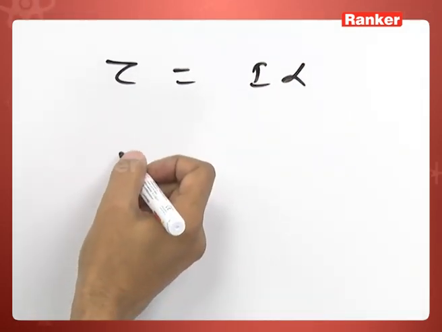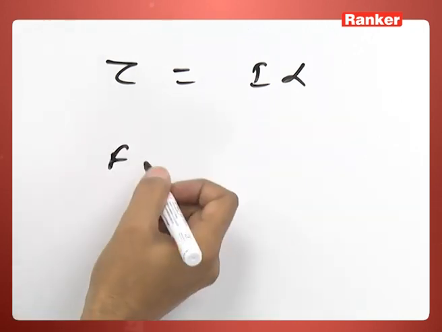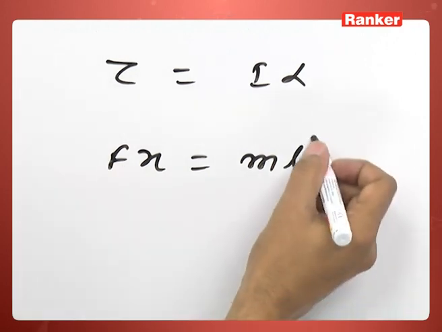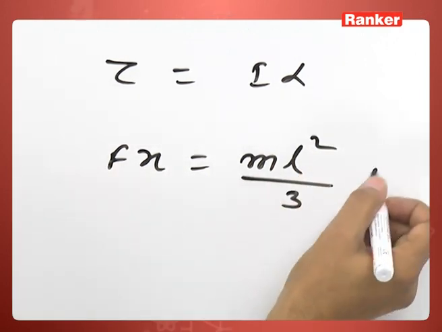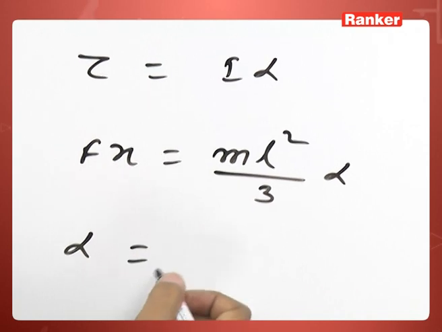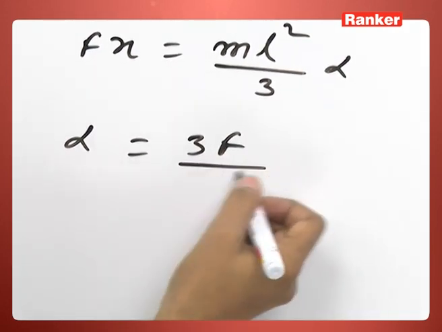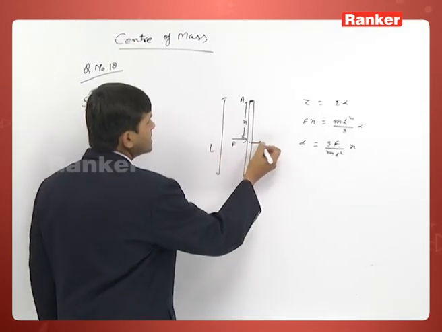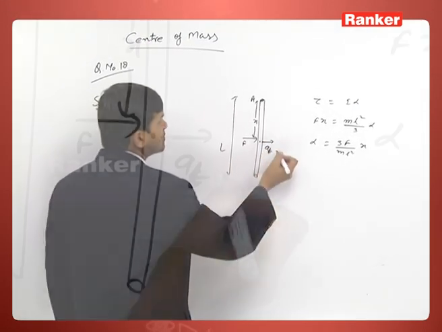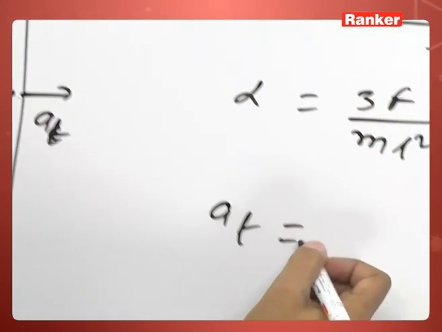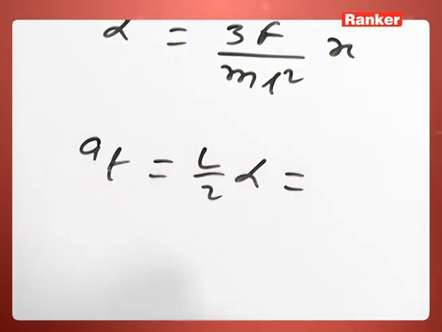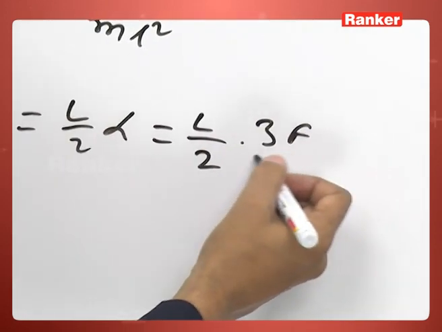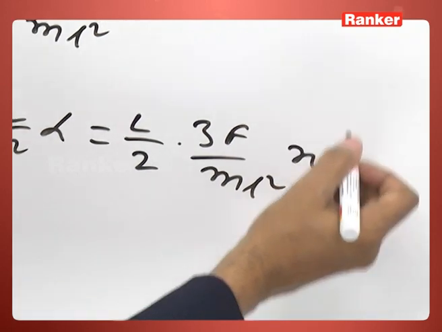Torque is equal to F into x. The moment of inertia of the rod about this end is ML square by 3, into alpha. So, alpha is 3F by ML square into x. So, A CM, the A tangential, is L by 2 into alpha, L by 2 and alpha value 3F by ML square into x.